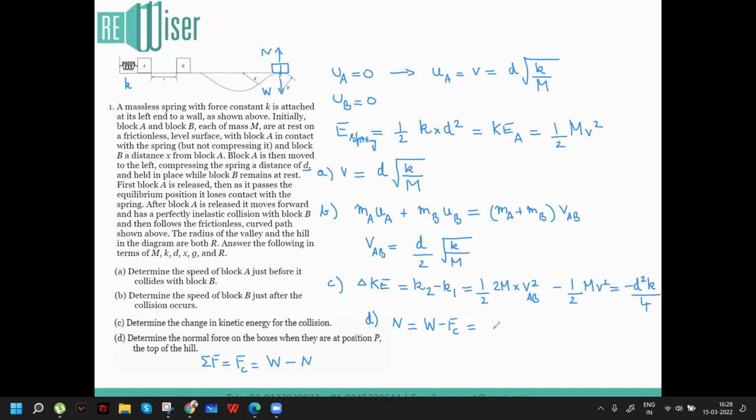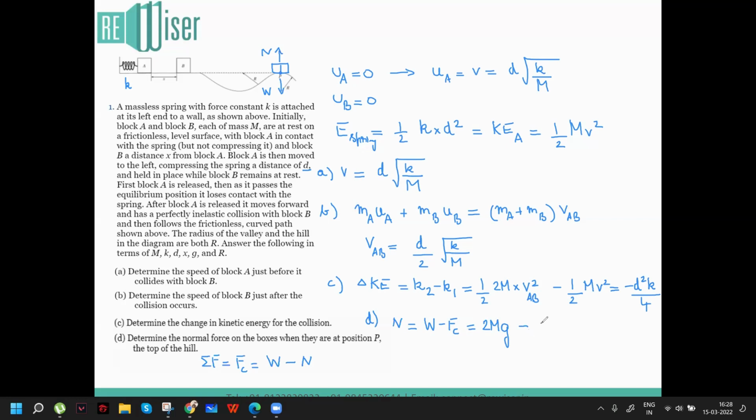Weight is nothing but mass times acceleration due to gravity. Here the combined mass is 2m times acceleration due to gravity g. This is subtracted from the expression for centripetal force, which is generally written as m into v square over r.